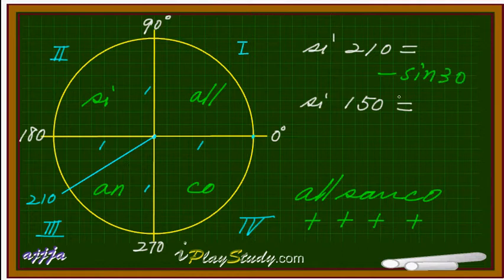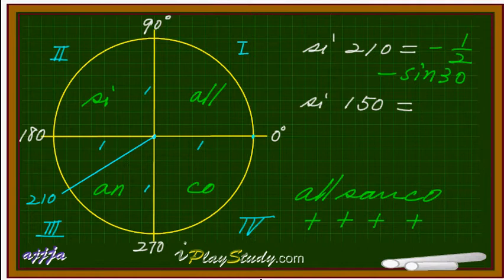You get the point. Step number one, you gotta decide the sign, positive or negative. That's very important. Then throw 180 away: 210 minus 180 is 30. So sine 30 is a half, that's why it's negative half right here.